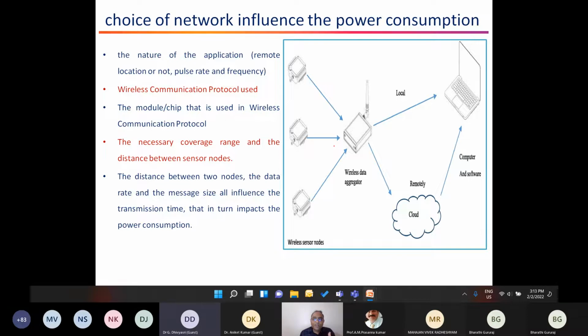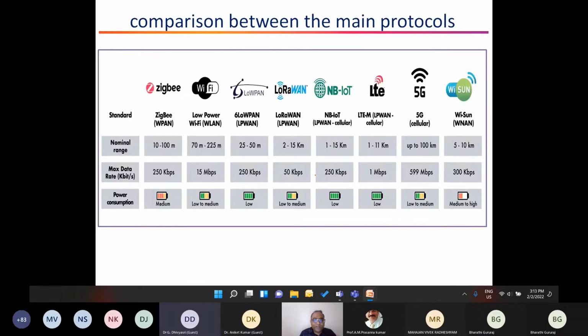It equally depends upon the kind of technology we are working with, because every technology offers a different level of communication range and a different level of power consumption. All these things lead to a comparison of various protocols. Here I try to give a picture of the various communication technologies available to us.